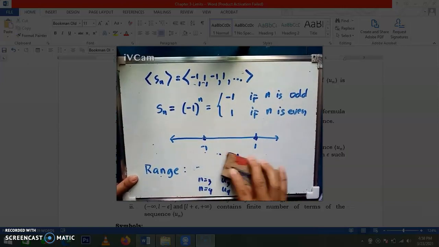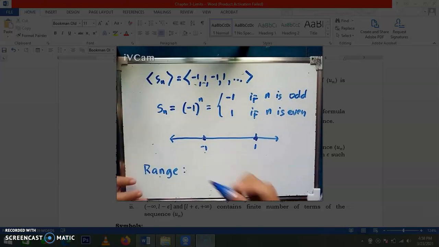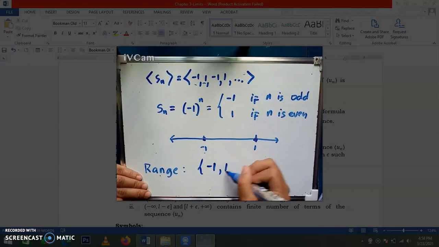The range of the sequence is only negative 1 and 1. Now, as you can see, this set is finite, so it is a bounded set. If the range is finite, we mean that the sequence is bounded.